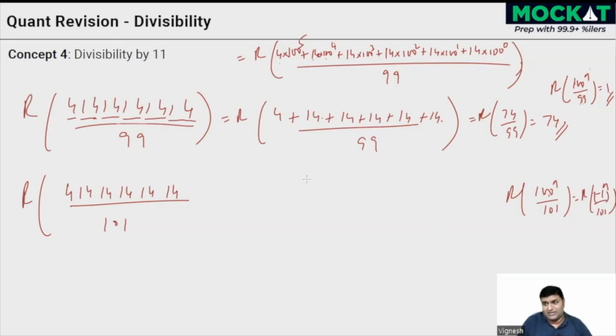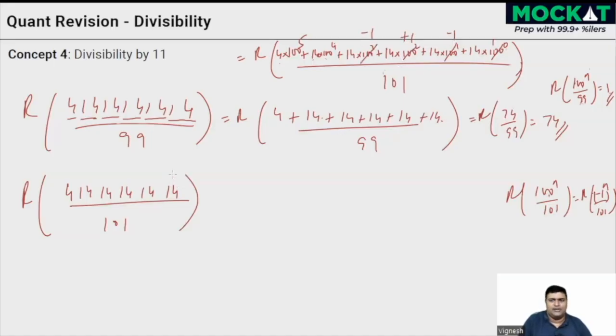So if it's going to be minus 1, something like 11 divisibility. 100 power 0 by 101 is going to be 1 itself. 100 power odd n is going to remain minus 1. If it's even, it's going to be plus 1. Odd is minus 1.